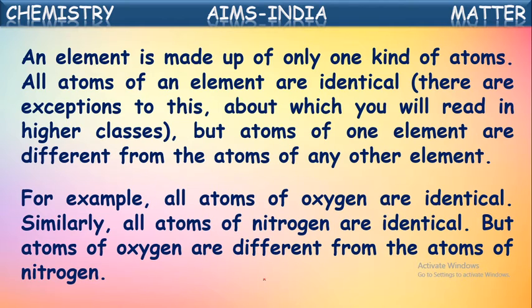But atoms of oxygen are different from atoms of nitrogen. Atoms of an element are the same in all respects, and atoms of different elements are different in properties. That is the point here. If you take an element, the atoms of that element will have the same identical properties.